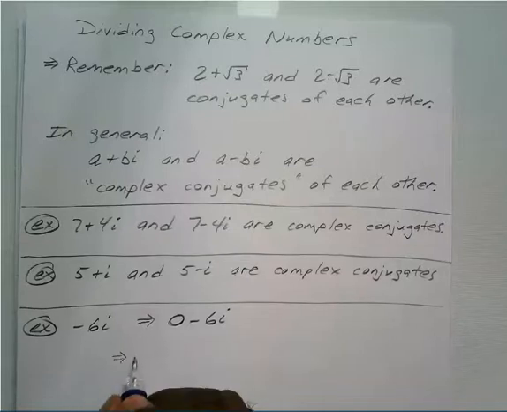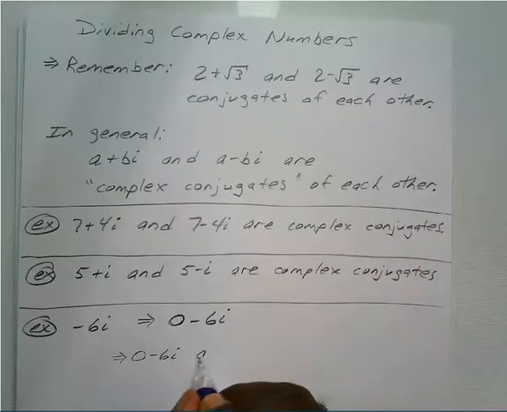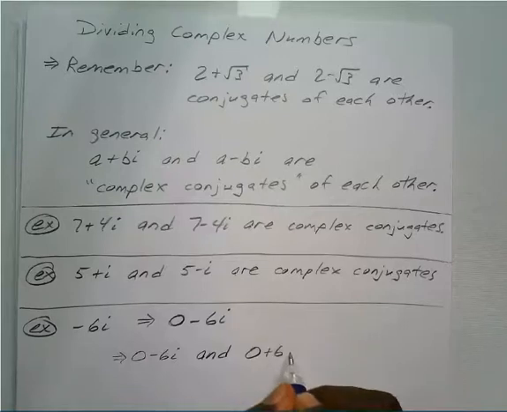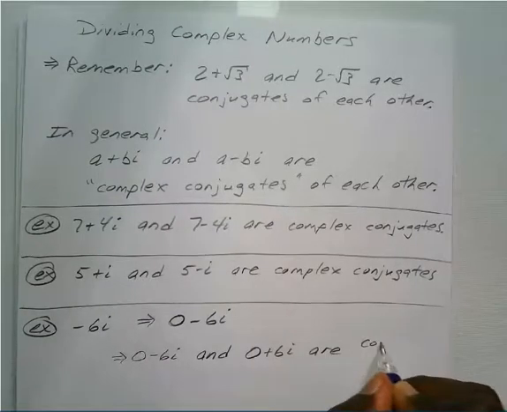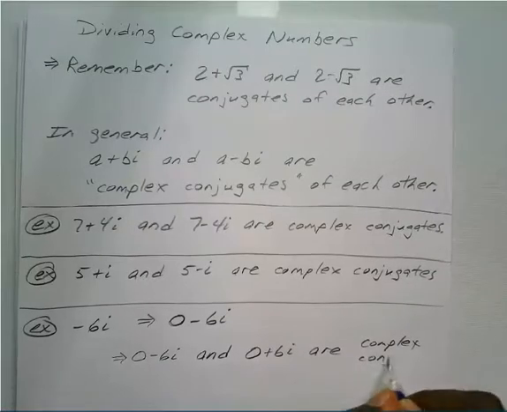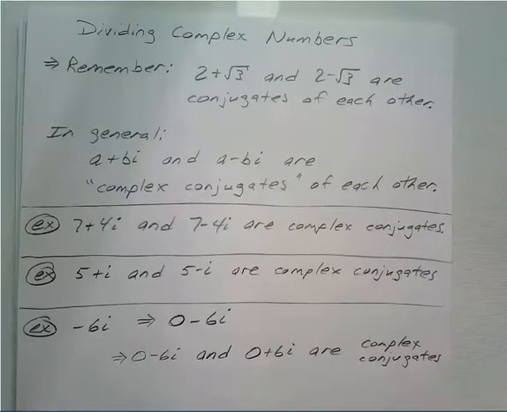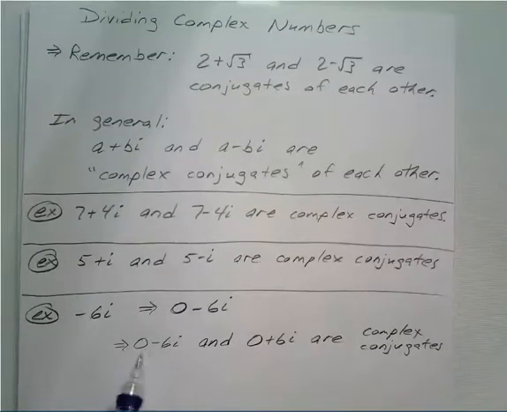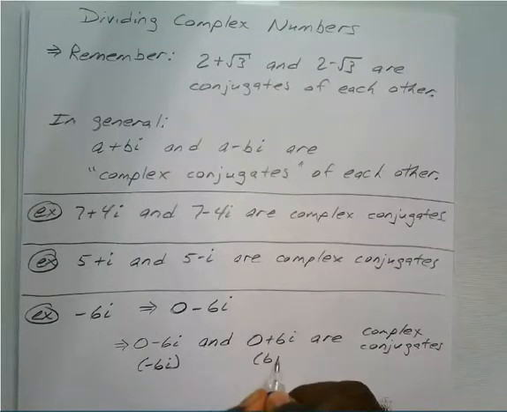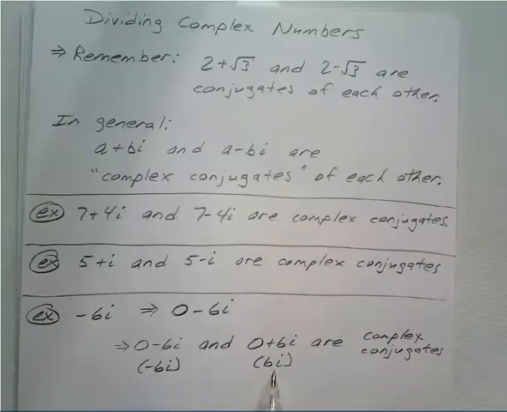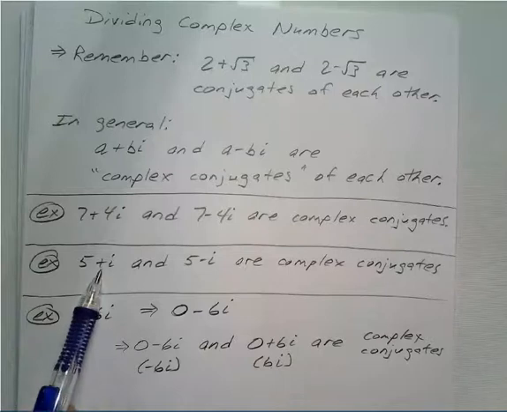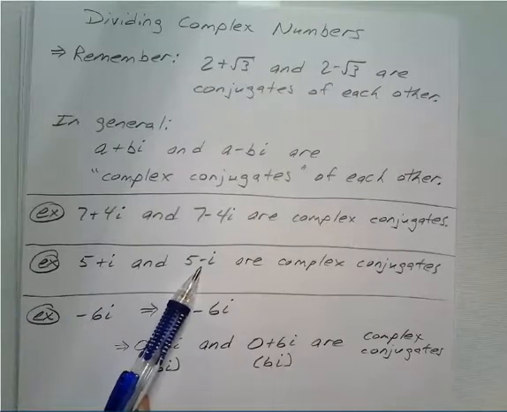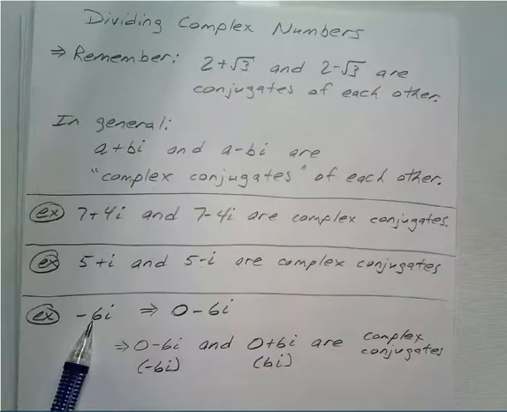So that means 0 minus 6i and 0 plus 6i are complex conjugates. Remember, 0 minus 6i is just negative 6i, and 0 plus 6i is just 6i. So negative 6i and 6i are complex conjugates. It's all about changing the sign that's in front of the complex number. See, this one's just a complex number, so you just change the sign in front of that value.